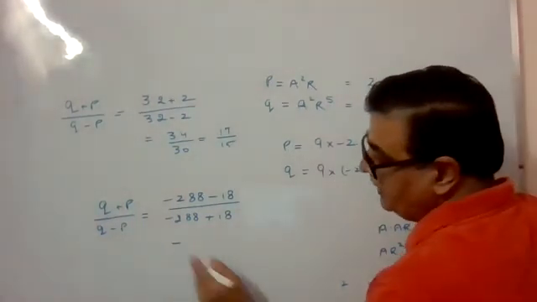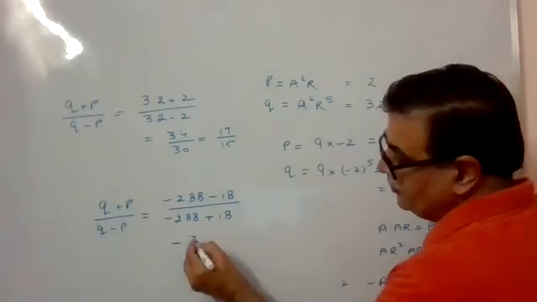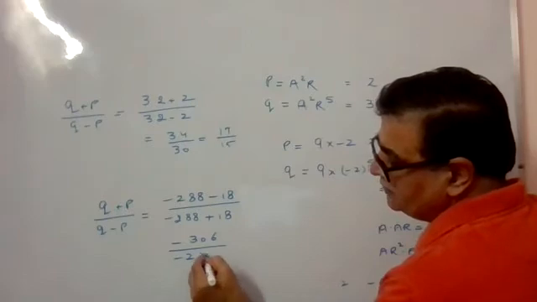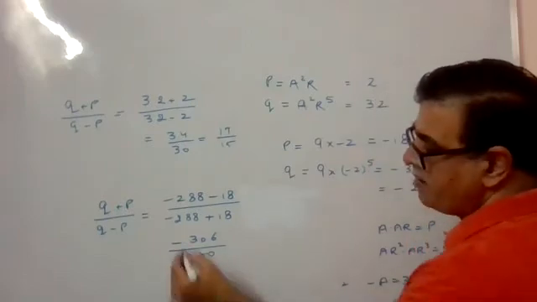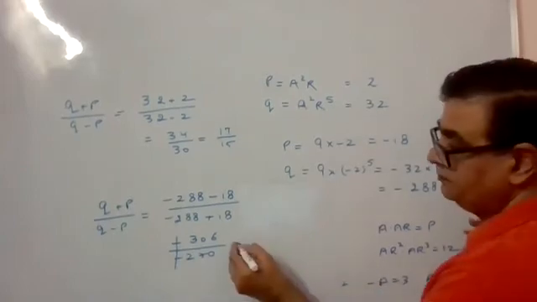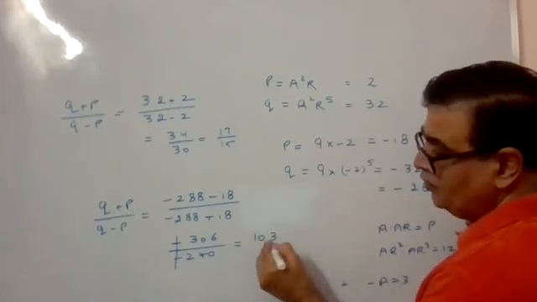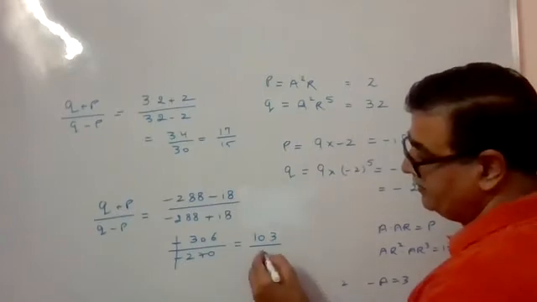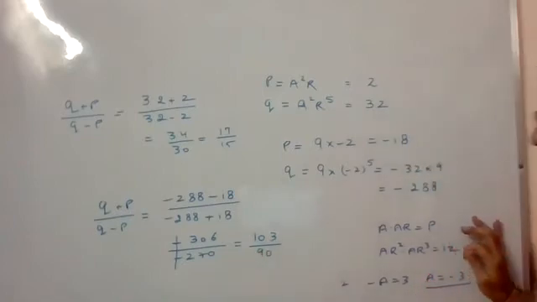How much comes? Minus 306 divided by minus 270. Can cancel it now. By 3 we are cancelling it. 90.